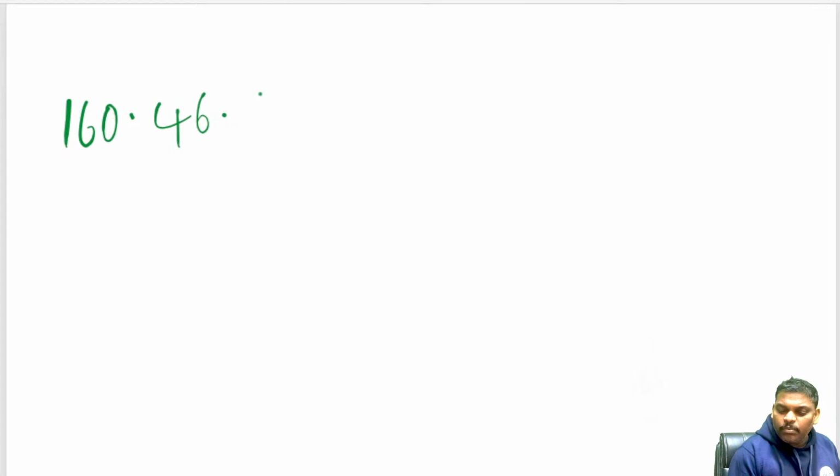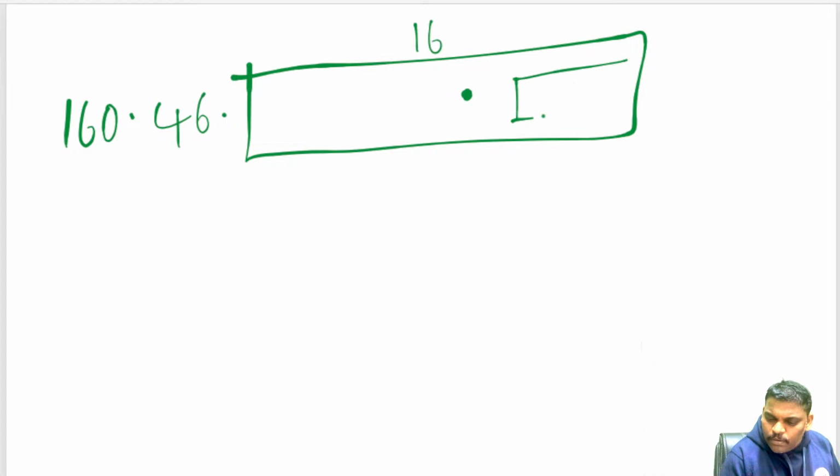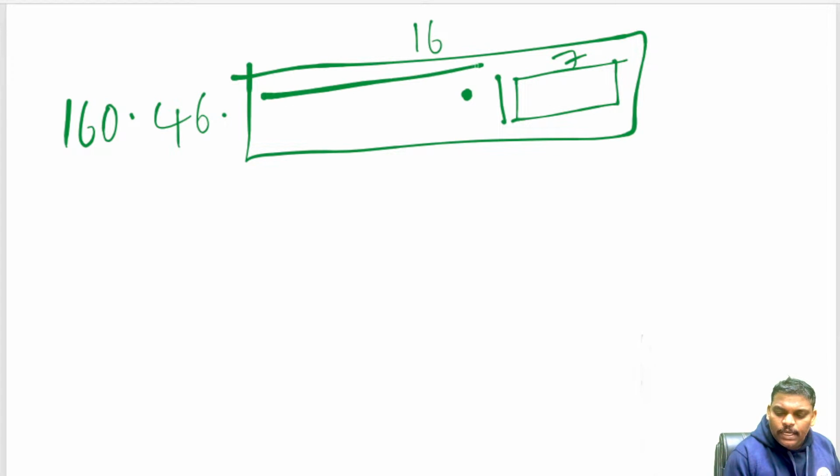Now this is the subnet part. These are 16 bits. In this, it is an octet. So in this, 7 bits are host. These 9 bits are subnet.